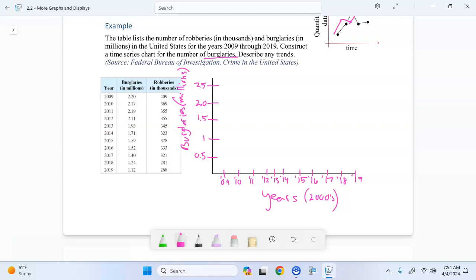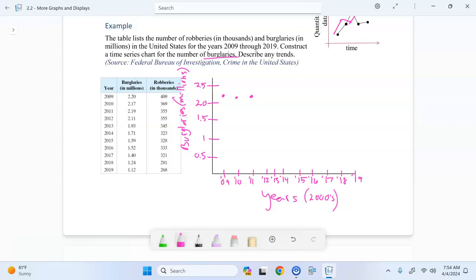So starting with our first, 2009, where am I going to put that first dot? Okay, a little bit above 2.0. Maybe a little closer to the middle-ish. Right about there. All right, and the next one? A little bit below, and then the next one? A little bit above that one. Okay? Keep going.